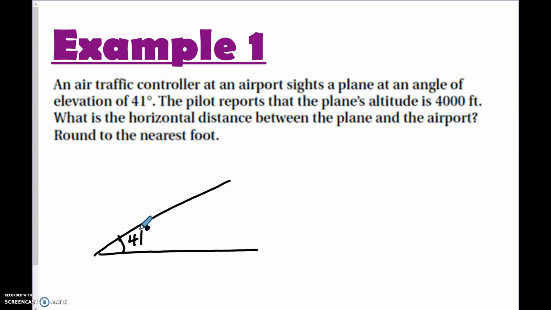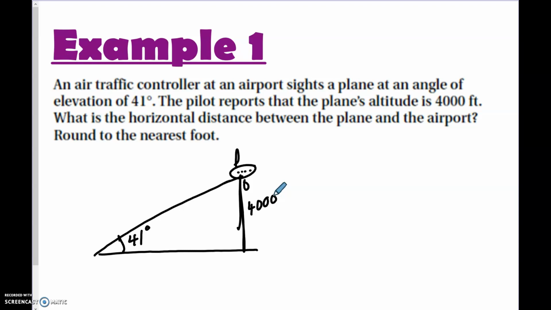The pilot reports that the altitude is at 4,000 feet. What is the horizontal distance between the plane and the airport?